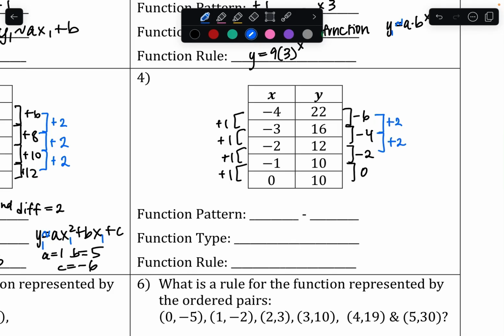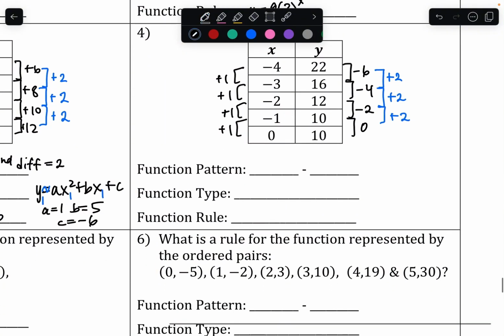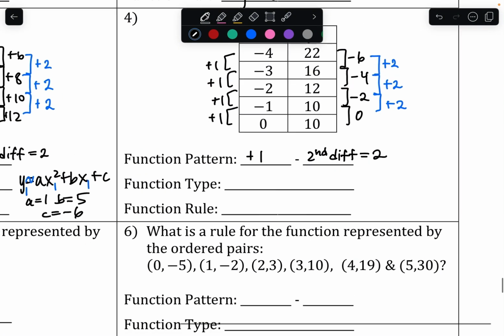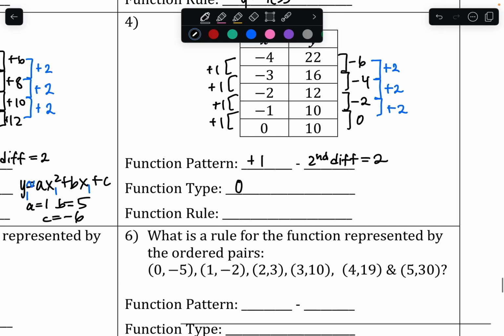We added 2 to get from -4 to -2. We added 2 to get to 0. So we have a constant second difference. So x's are going up by 1, in the y's we have a common second difference of 2. And so that doesn't help us write the equation, but at least now we know it's quadratic, and we know we want our ax squared plus bx plus c.